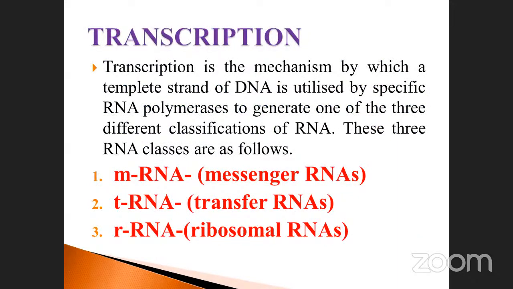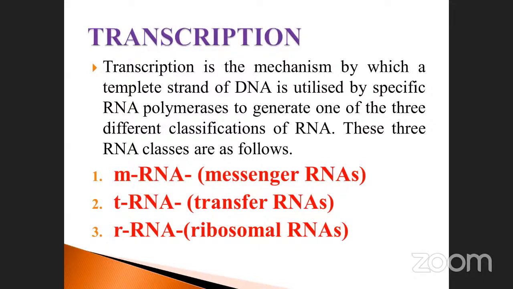Next is transcription. We already discussed it. What is transcription? Transcription is nothing but DNA to RNA. A particular DNA molecule synthesizes RNA with the help of the enzyme RNA polymerase. Then only will the RNA be synthesized.